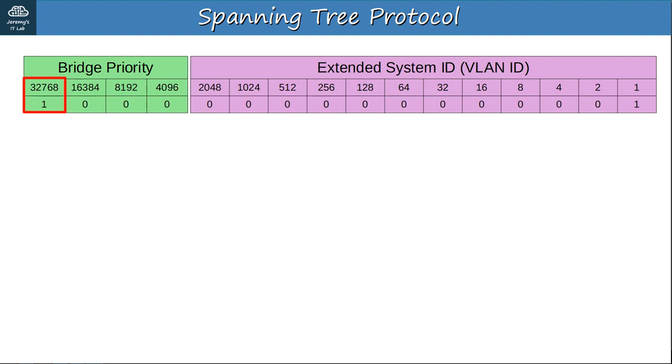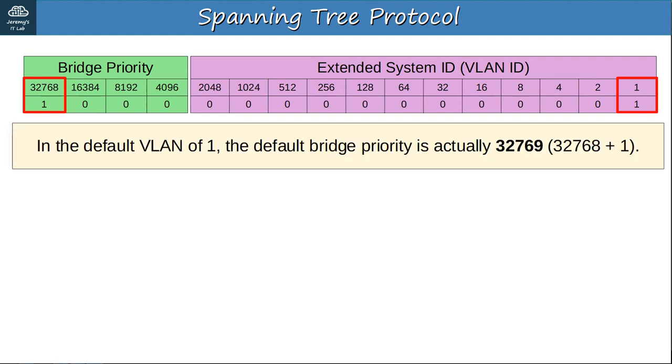However, with the addition of the extended system ID, adding the VLAN ID number to the bridge priority, that changed. So the default VLAN ID is 1, therefore the bridge priority in total actually isn't 32768, it's 32769. In the default VLAN of 1, the default bridge priority is actually 32769, which is 32768 plus 1.